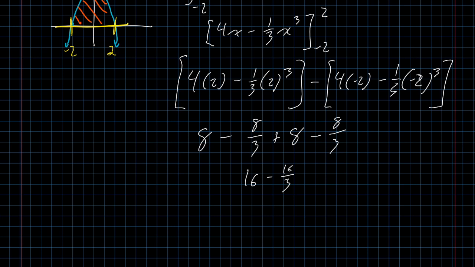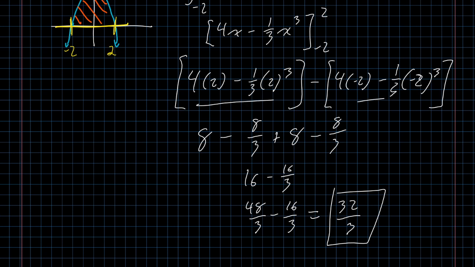Let's see, common denominator, 3 times 16 is 48, and 48 minus 16 is 32. So the area underneath this curve is 32/3. Again, with a calculator's help, you could just go from there straight to the result, but I wanted a fractional value, and my calculator probably would have given me a decimal instead here.